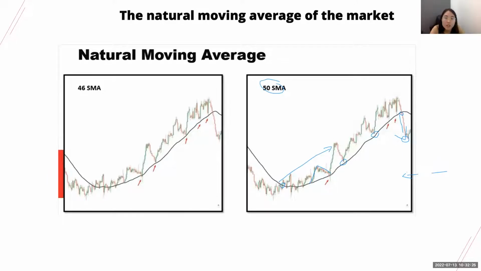Every time price comes here, the trader will look to get in for a buy. It goes up, it comes back, look to get in for a buy. That is the other way to use the moving average.